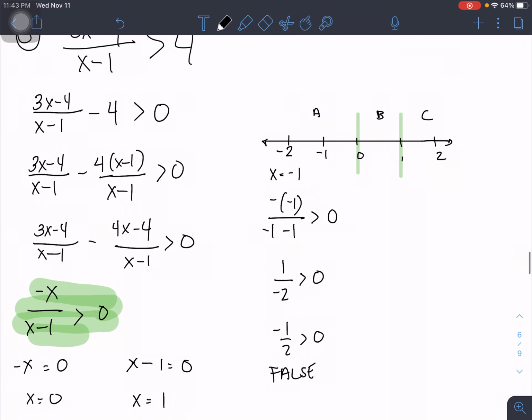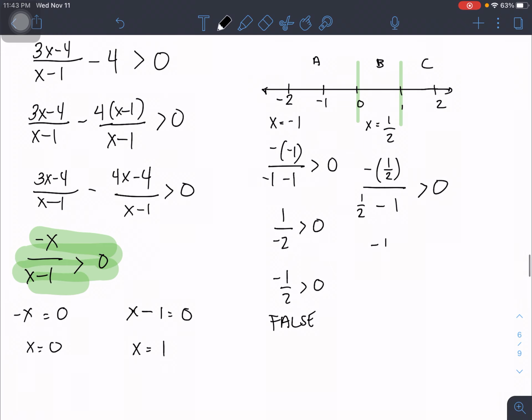Okay, so for B, let's have an example, x is equal to positive 1 half. Positive 1 half will do. So this will be negative 1 half over 1 half minus 1 is greater than 0.